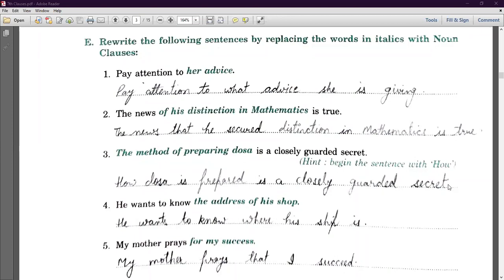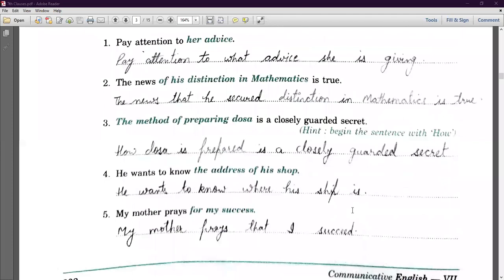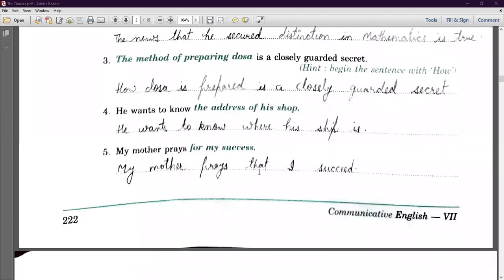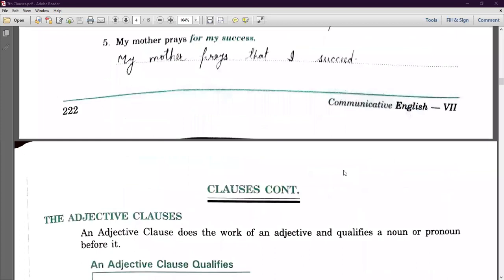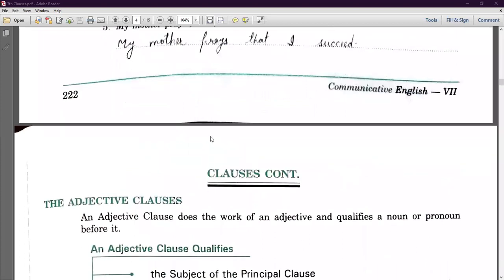Kindly put a question mark in it. He wants to know the address of his shop. He wants to know where his shop is. There is a spelling mistake. Correct it. My mother prays for my success. My mother prays that I succeed. Okay, so now we are going to continue with the clauses again.